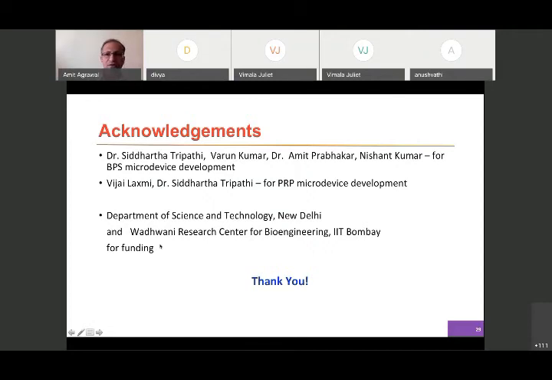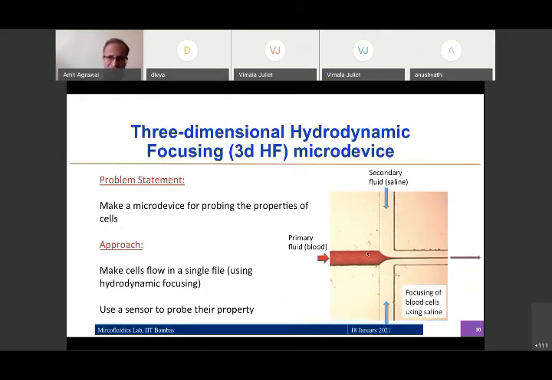So the problem statement is the following. Let us say there is blood which is flowing, coming from a patient who potentially has a disease. Of course, we would like to know whether the person is actually having the disease or not.